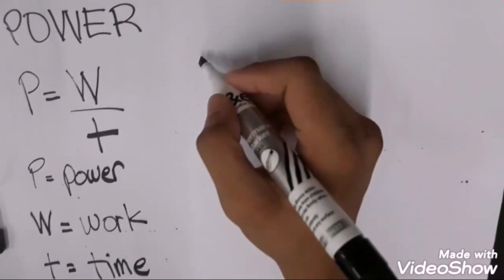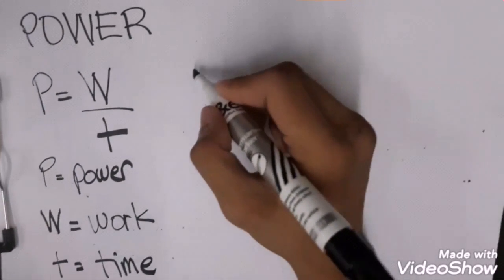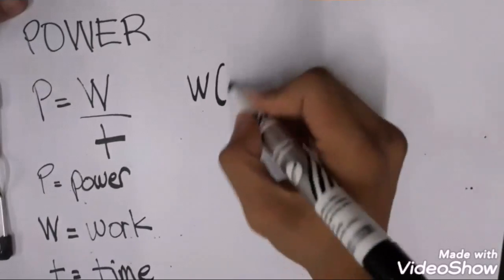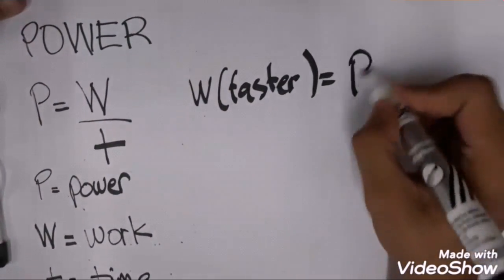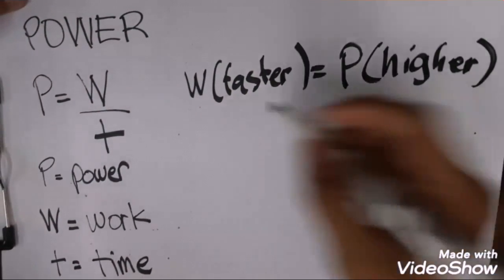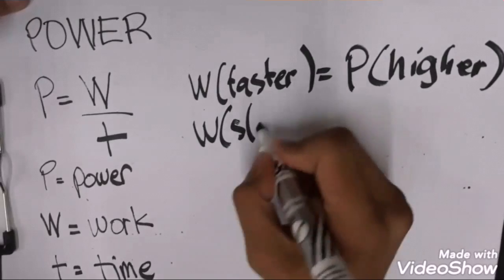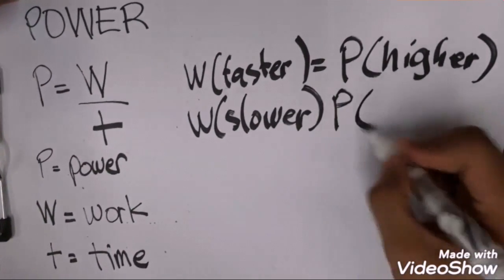In calculus terms, power is the derivative of work with respect to time. If work is done faster, the power is higher. And if work is done slower, the power would be smaller.